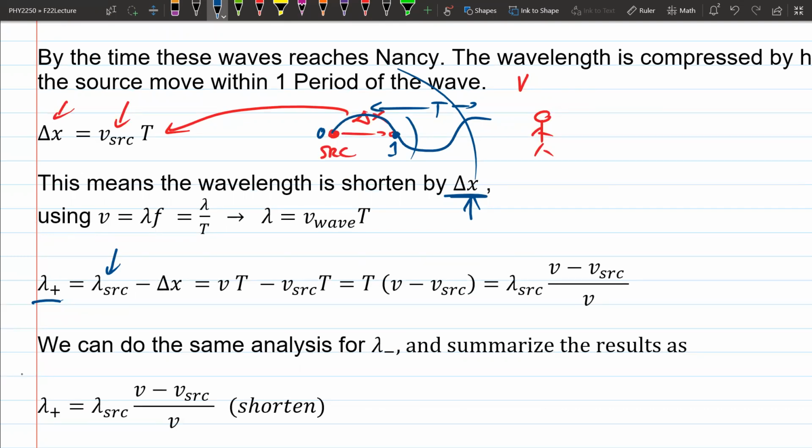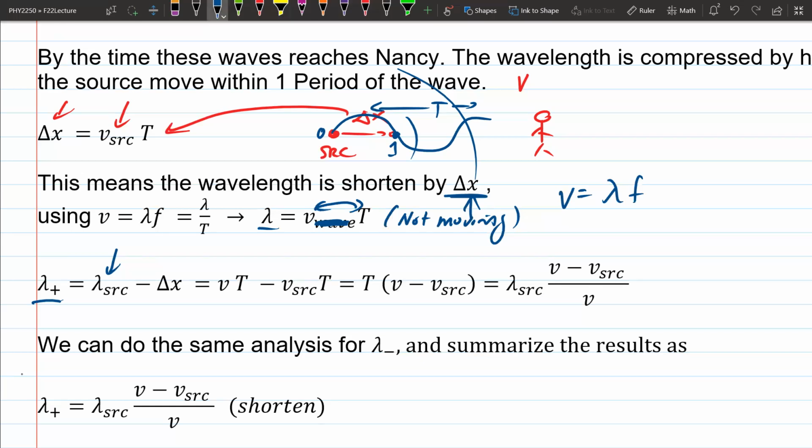We have a calculation for that. The wavelength of something that's not moving is just the speed of the wave times the period of that wave, because that's just using v equals lambda f.